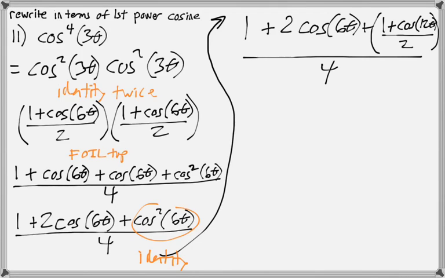Okay, so I want to really get rid of this fraction here. And I can do that by multiplying everything by the LCD of 2. So my LCD is 2.